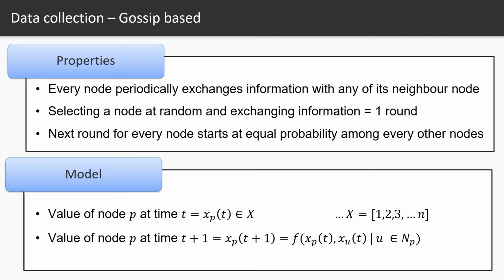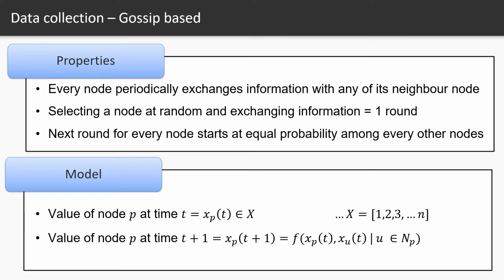So here is the simple model of this algorithm, where the value of node p at time t is represented as small x_p(t), where small x is a subset of the capital X, which could have any of the values of the capital X. Let's say in this case 1, 2, 3 till n.